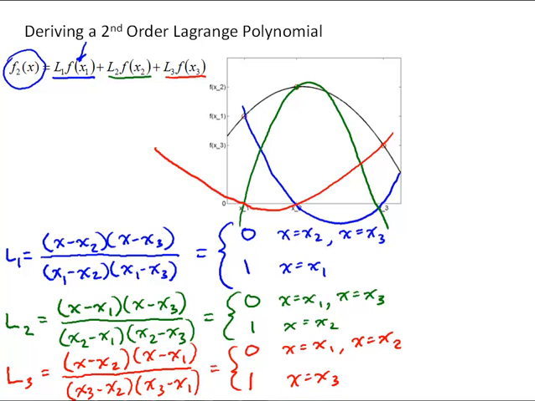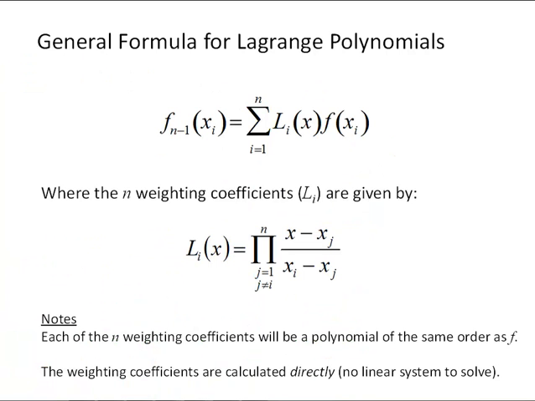So let's look at that generalized form. Again, here's the generalized form, and then the weighting coefficients. Here's the generalized summation, where each Li is a weighting coefficient times f of xi, and again, that's the y data.